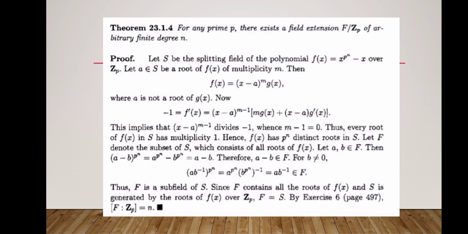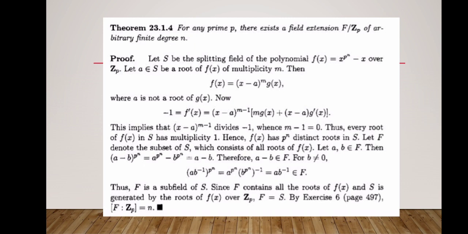This implies that (x minus a)^(m minus 1) divides negative 1, whence m minus 1 = 0. Thus, every root of f(x) has multiplicity 1. Hence, f(x) has p^n distinct roots in S. Let F denote the subset of S which consists of all roots of f(x).